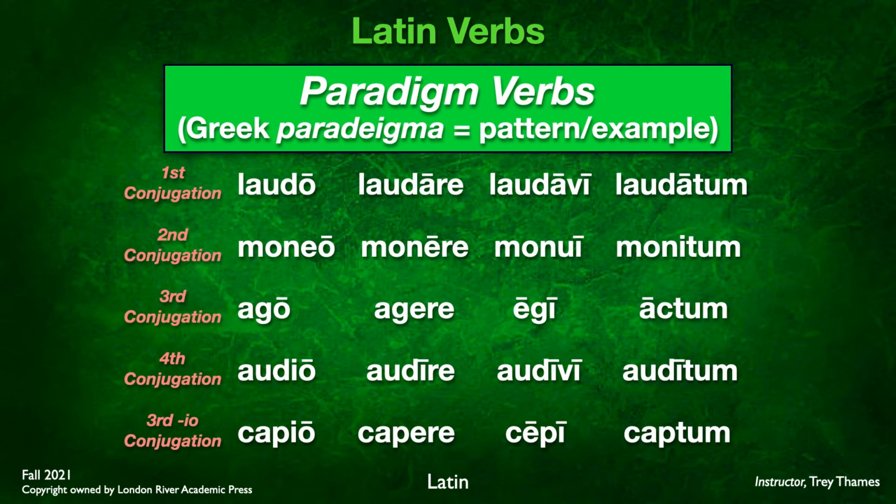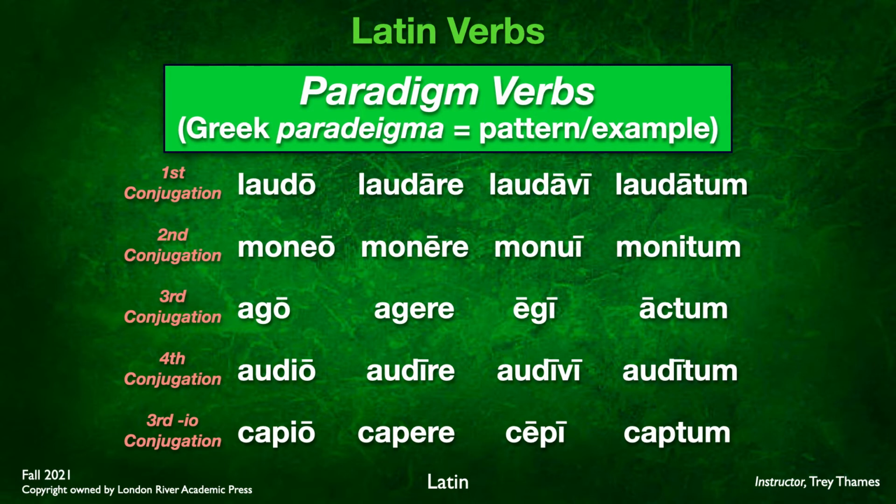And this word means, as you can probably figure out, to hear or to listen. And then third conjugation IO paradigm verb is capao, caperi, capi, captum. And this word means to capture or to seize. And that is the third conjugation IO paradigm verb. So get used to seeing these.